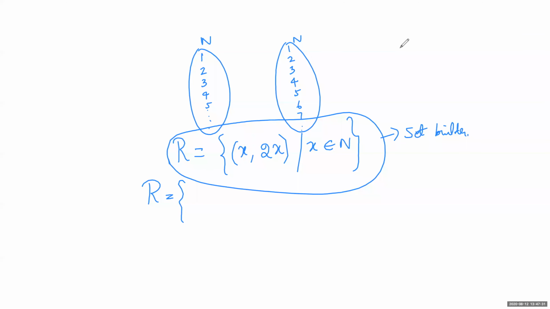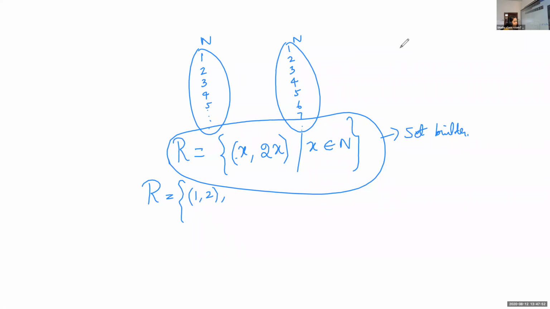So it is 1. What is the double of 1? 1 into 2. You make the double. 2. So 1, 2. Correct.